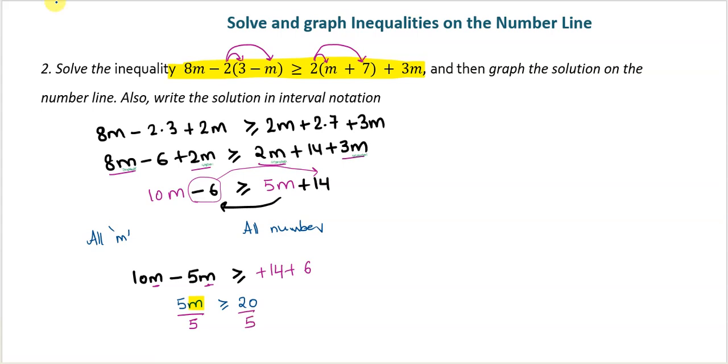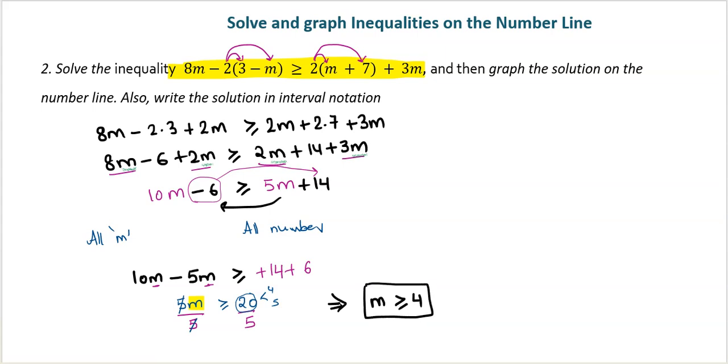So when you divide, this 5 gets cancelled with this 5, and 20 is 4 times 5, right? This is how you write 20. So this gives you m is greater than or equal to 4. So this is the solution.